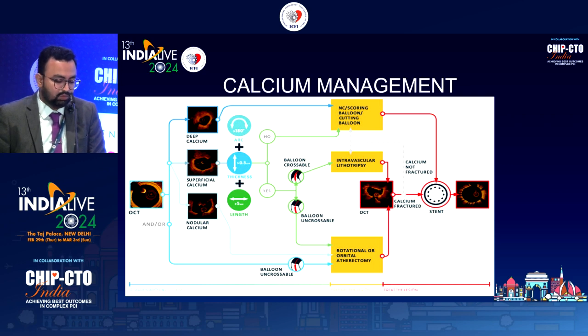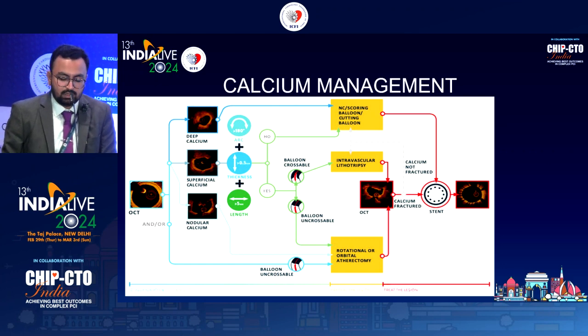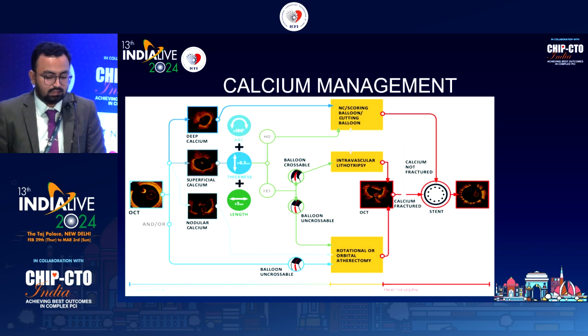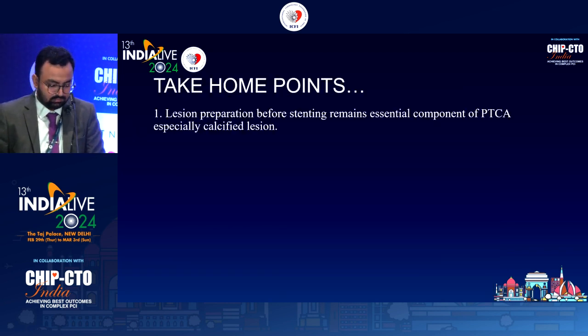If the balloon is uncrossable, then we have only two options: rota or orbital atherectomy. If balloon crossable lesions, we can do IVL, or if there is mild to moderate calcium, we can try scoring balloon, cutting balloon, and OPN balloon. And after calcium modification, we are supposed to do OCT imaging, and if calcium is well fractured, we can proceed with the stenting. Take home points.